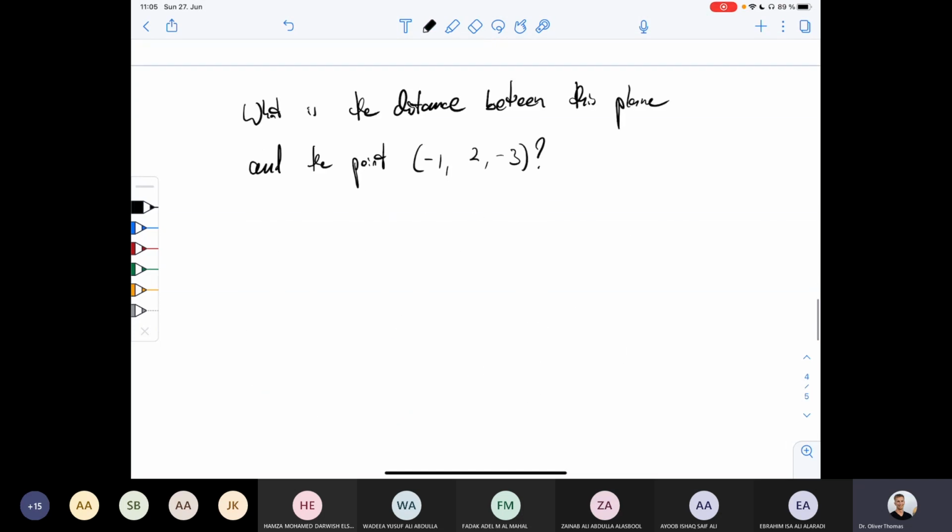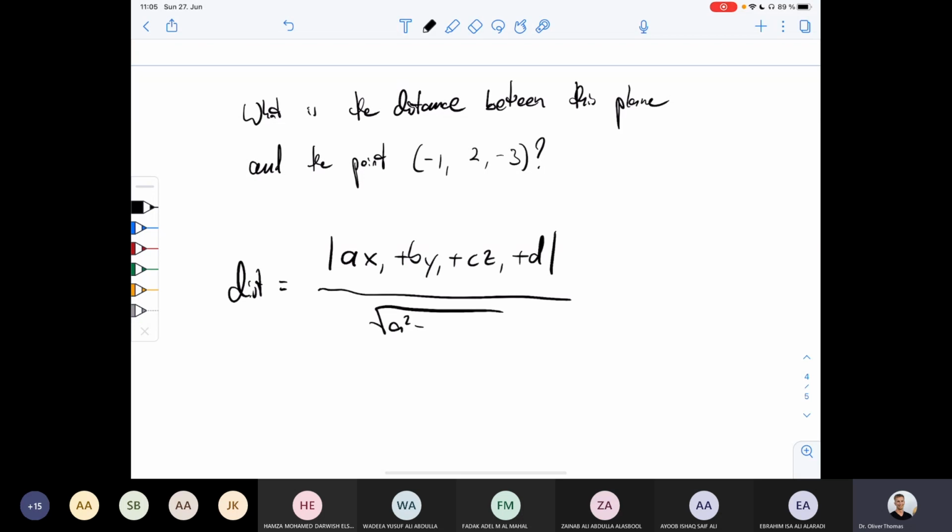We had the following formula for the distance: you take the absolute value of a x1 plus b y1 plus c z1 plus d, and then you divide it by the square root of a squared plus b squared plus c squared.